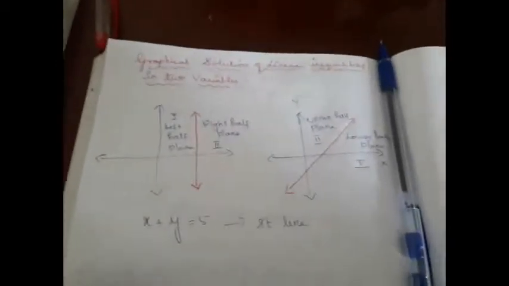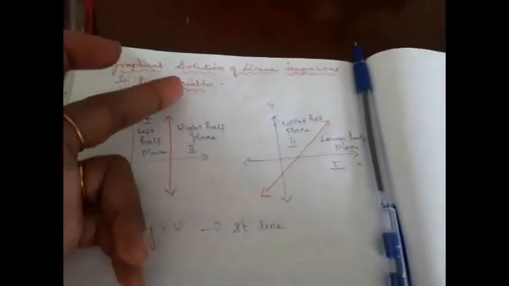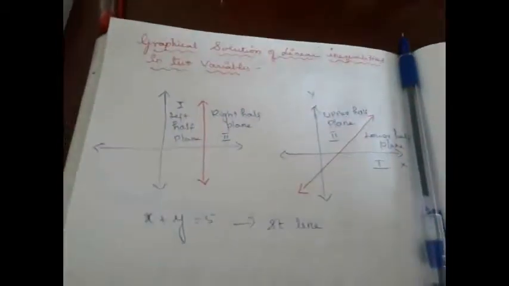What we are going to do is choose an arbitrary point in any one half plane, left or right, or upper or lower, but it should not be on the line. We should take a point which is not on the line. You can choose any point over here or over here and substitute that point in the inequality given in the question. And if it satisfies, that region will be your solution region.